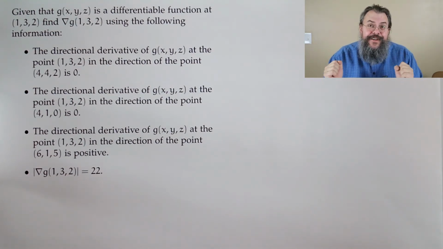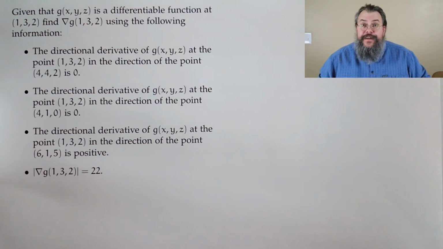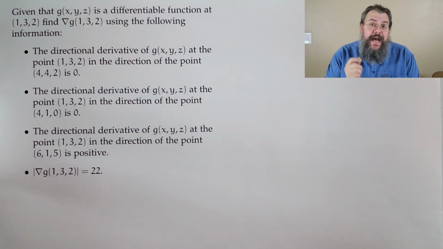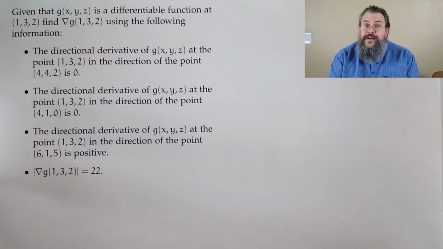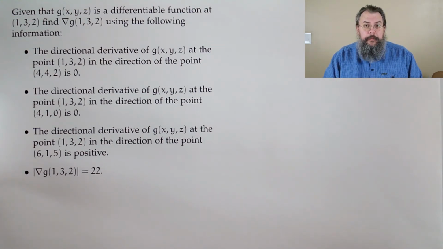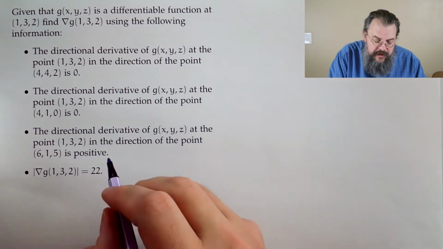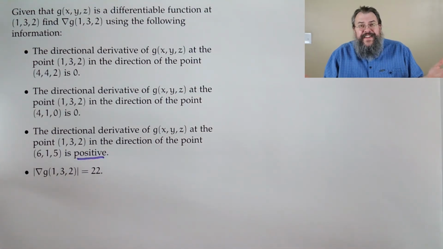Okay, that's not really giving a lot of information, is it? All right, well, it is what it is. And we're told the magnitude of our gradient. The magnitude is 22. That's actually a lot of information. Now, in some sense, the least useful it would appear at the beginning is this part, because all we're told is it's positive.